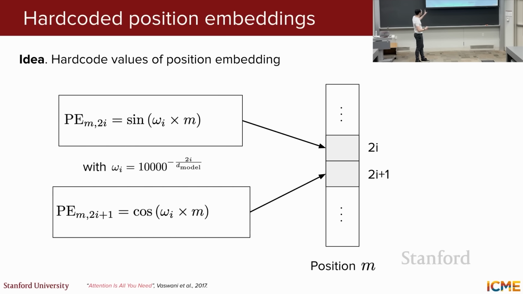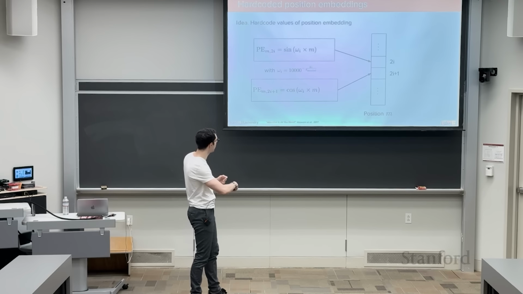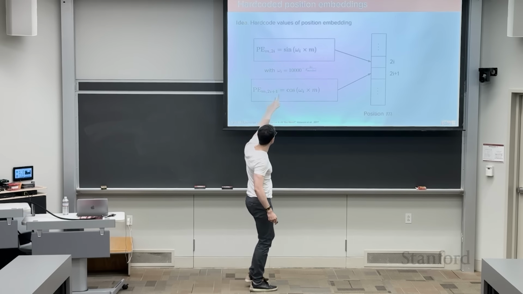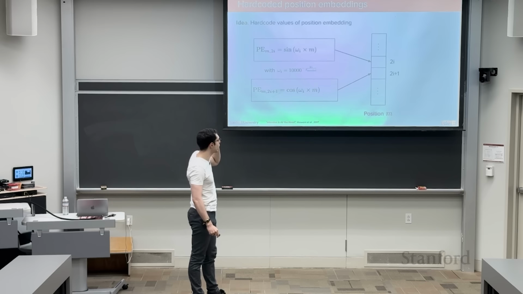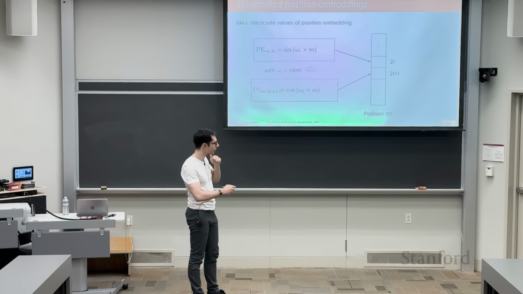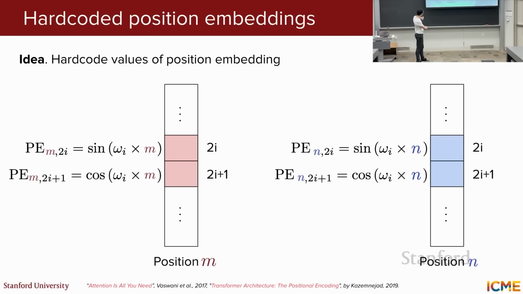Before we go into that, let's simplify the notation. Let's assume that this big quantity that you saw is something like omega, as a function of i, times M. And you note omega i as being this quantity, 10,000 to the power of minus 2i over D model. Let's suppose you construct your embeddings this way. Then I want us to think about why that would make sense.